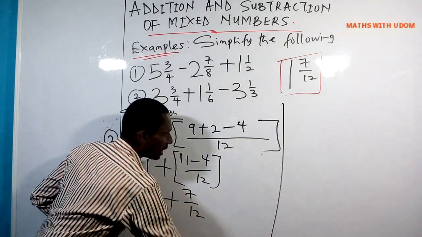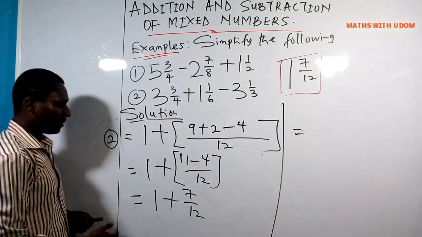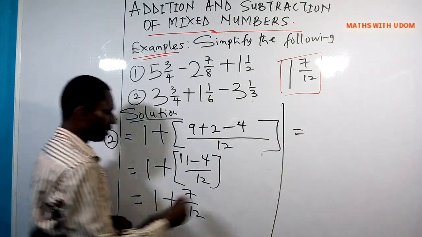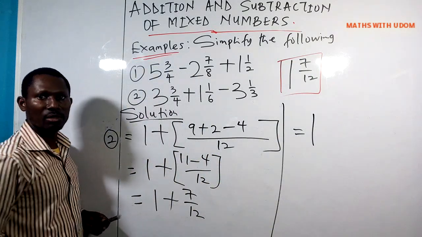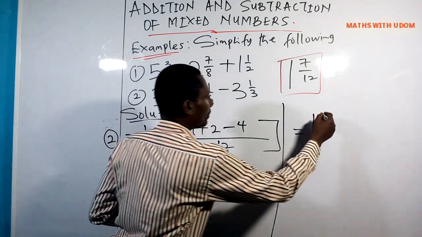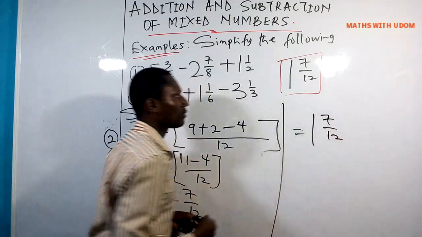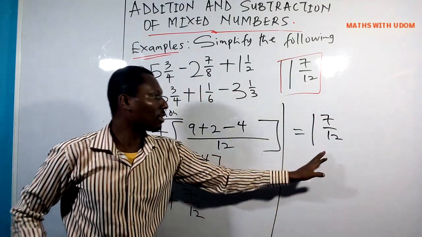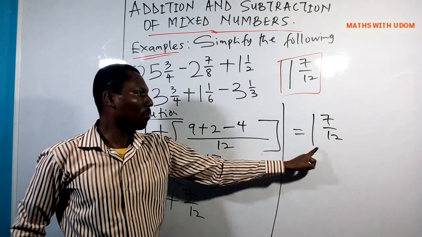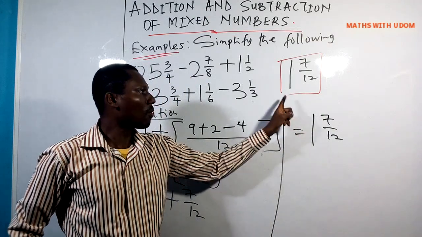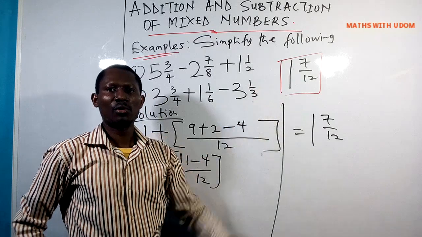Then we'll come to this side and merge them together. So 1 plus 7 over 12 is still the same thing as 1 whole number, 7 over 12. Is that okay? And if we check through, we got exactly the same thing when we used the first method. 1 whole number, 7 over 12.